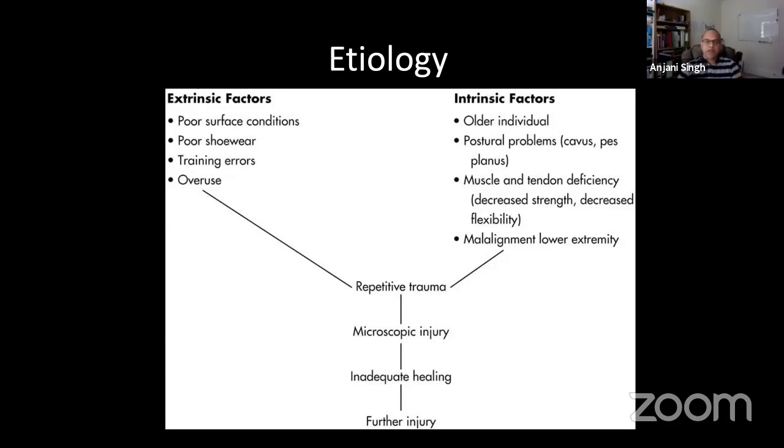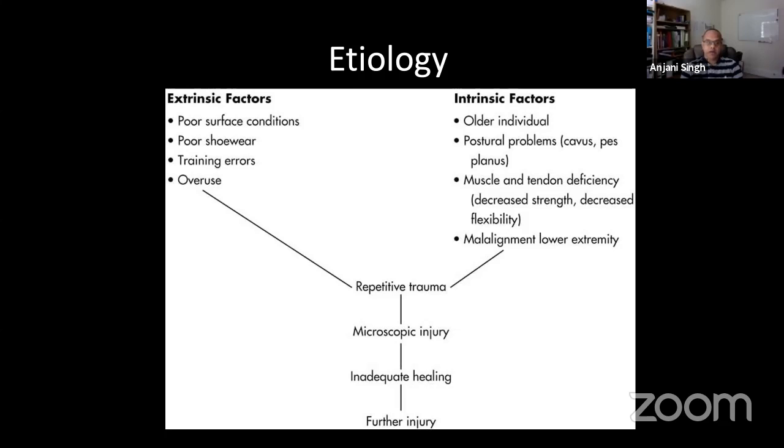Going by etiology, this is divided into extrinsic and intrinsic factors. Extrinsic factors include poor surface conditions, such as walking on uneven surfaces or different environments, and poor shoe wear, so not well supported shoes or oversized shoes.